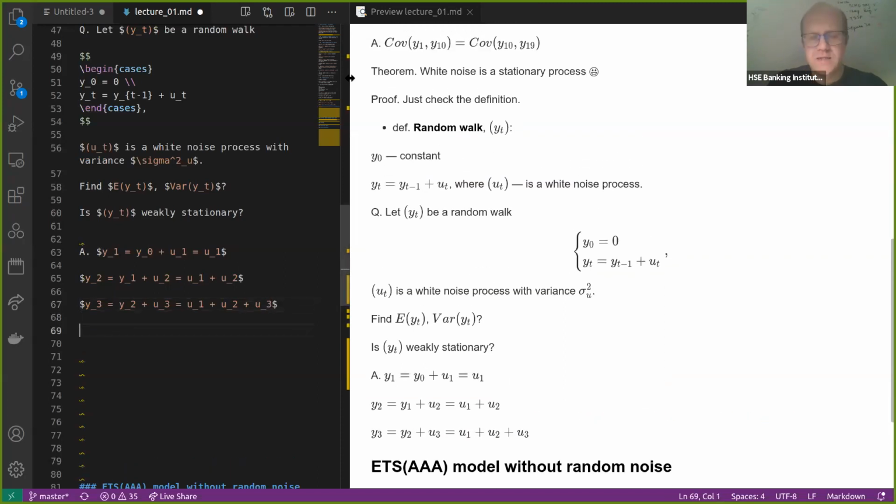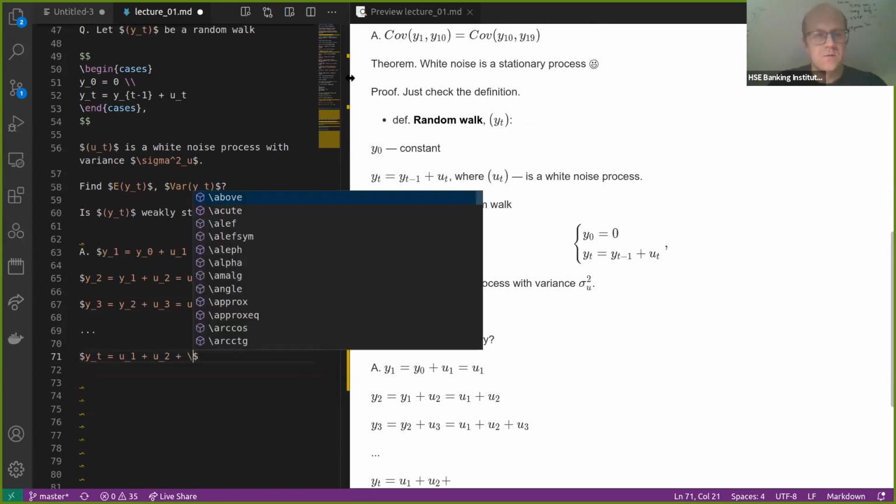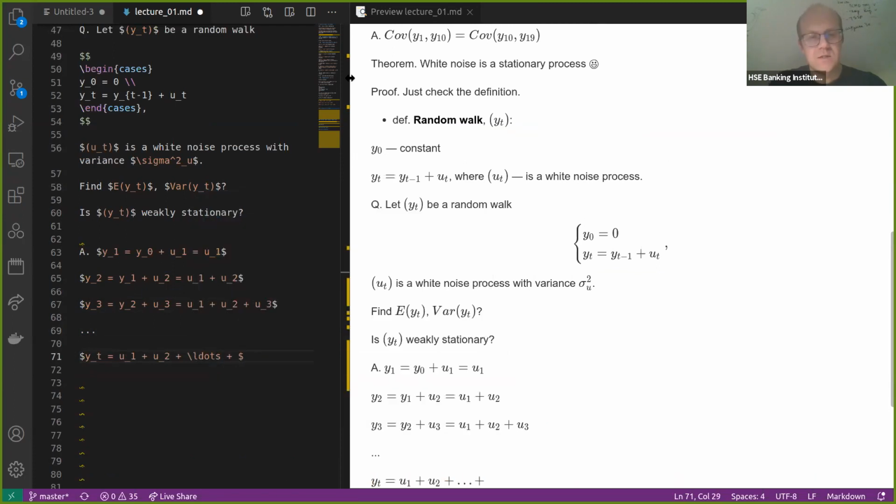I think it's sufficient to guess that in general, in a random walk model, Yt is equal to U1 plus U2 plus dots plus Ut.